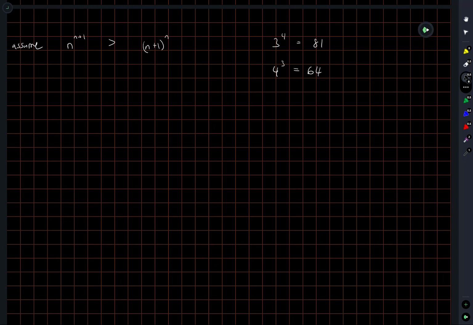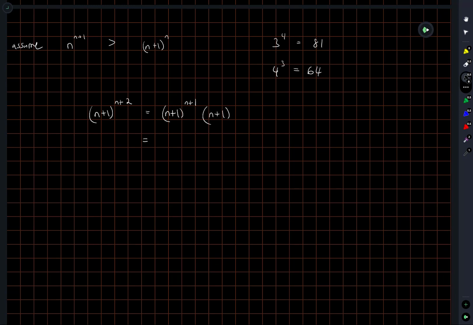So we have n plus 1 to the power of n plus 2. And I want to write this as n plus 1 to the power of n plus 1 times n plus 1. Will this end up working out? Well, I don't know.